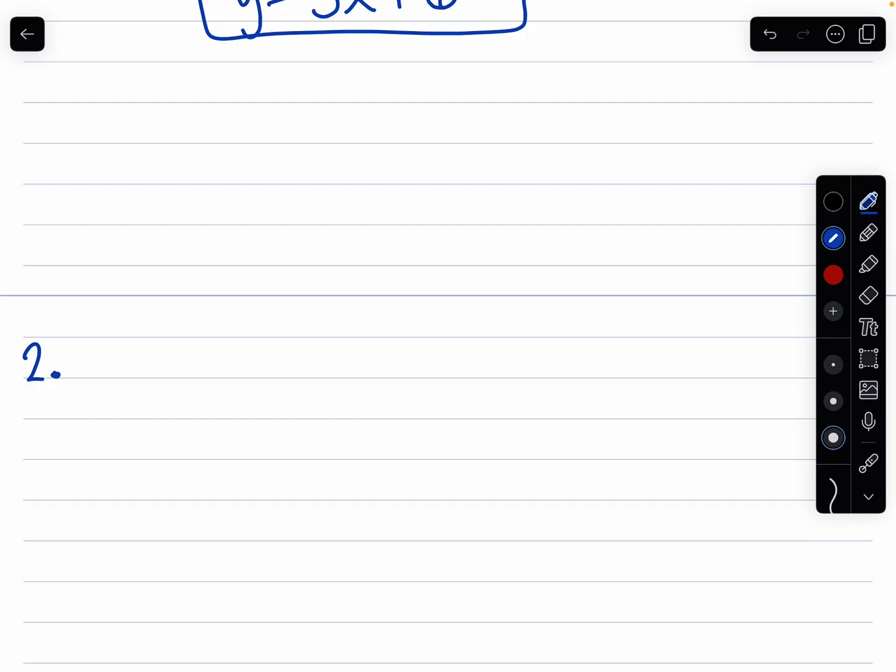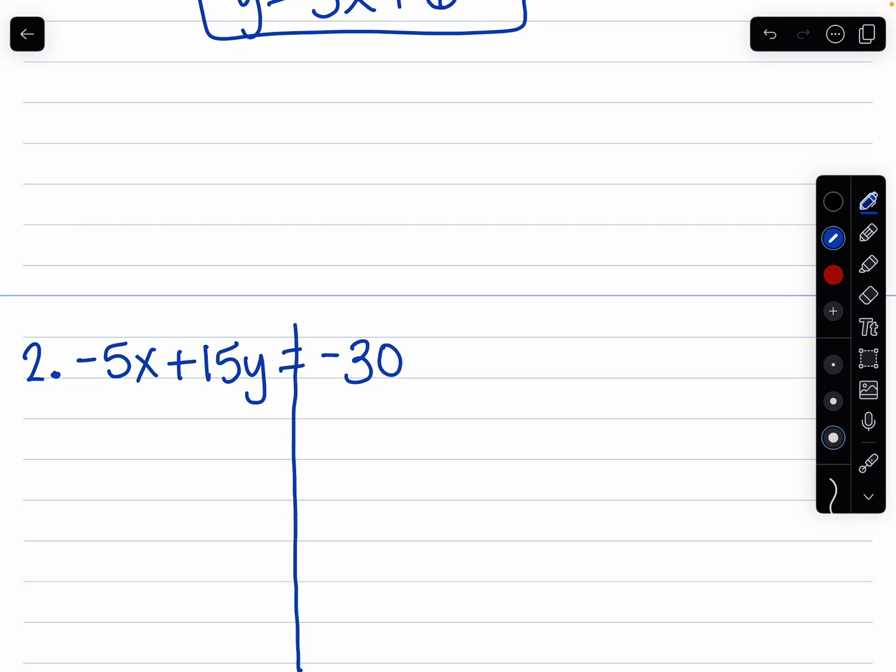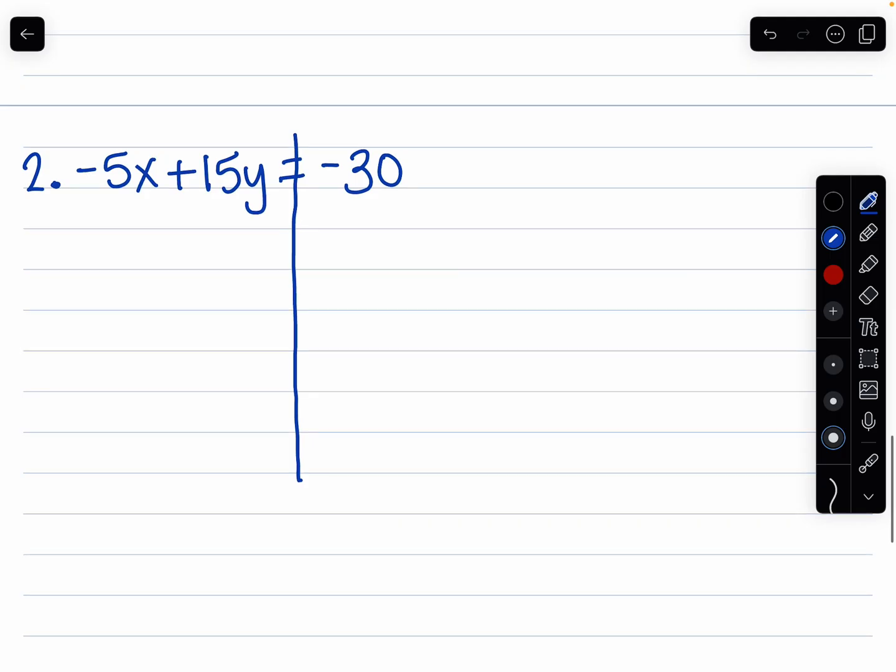All right, let's look at negative 5x plus 15y is equal to negative 30. Same idea here.